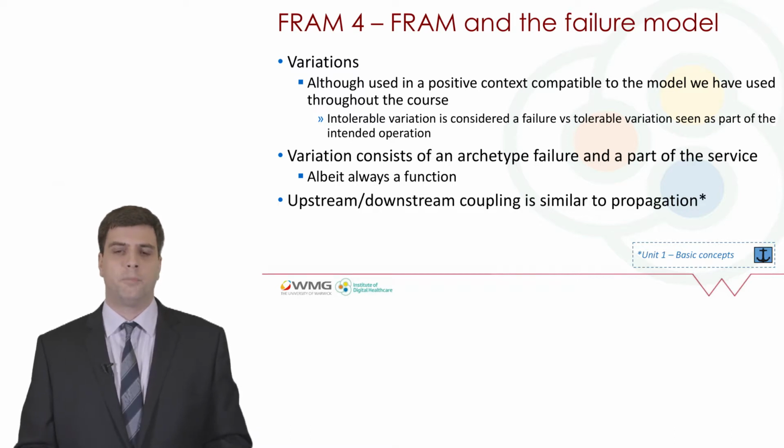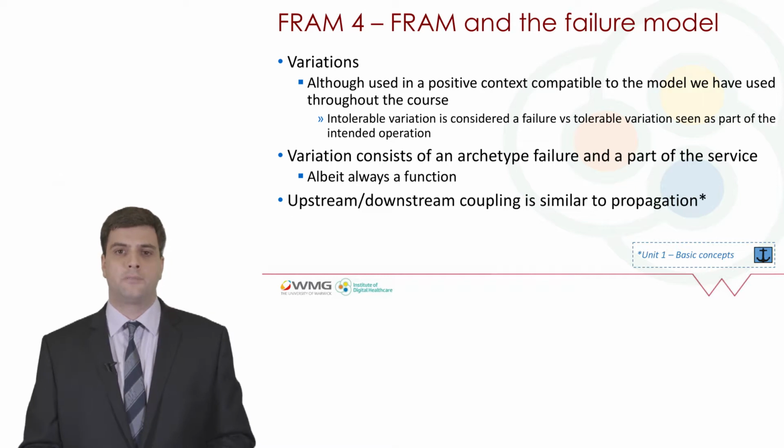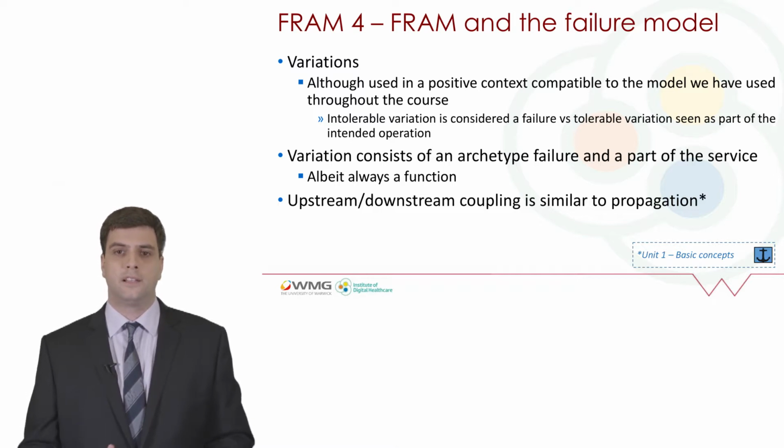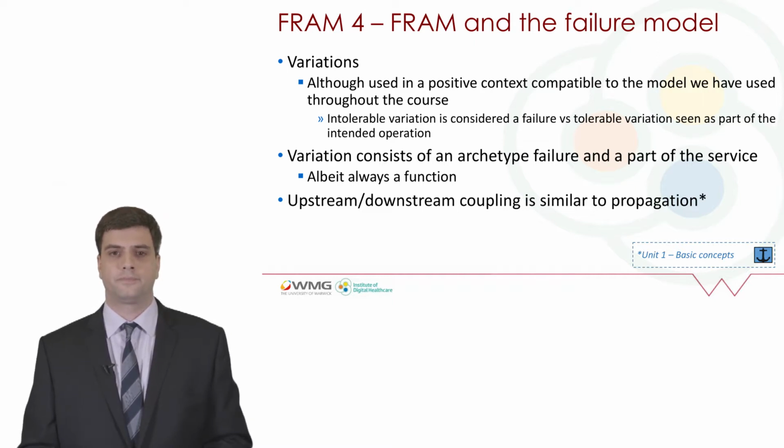However, this is not incompatible with the concept of deviation, as deviation has been defined as an unintended operation of the system. So in other words, if something is unintended, which is beyond the concept of variation, it is still covered by the concept of deviation that we have used all along.